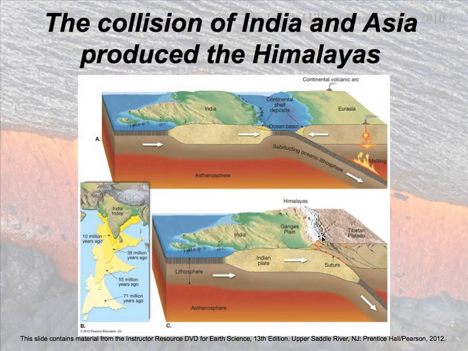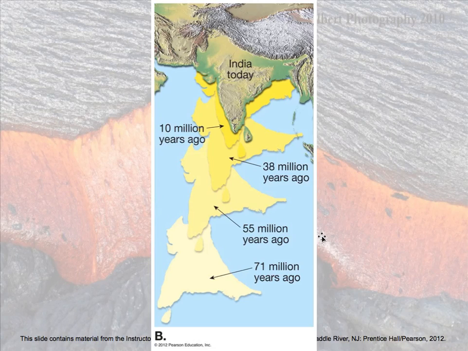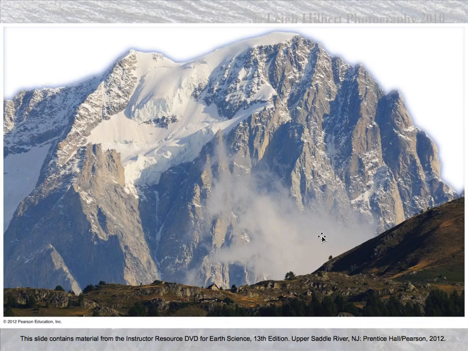The Himalayas are probably the most famous example of continental mountain building. This shows India migrating, the distance it travels over millions of years, and pictures of the height and dramatic nature of continental-generated mountains.